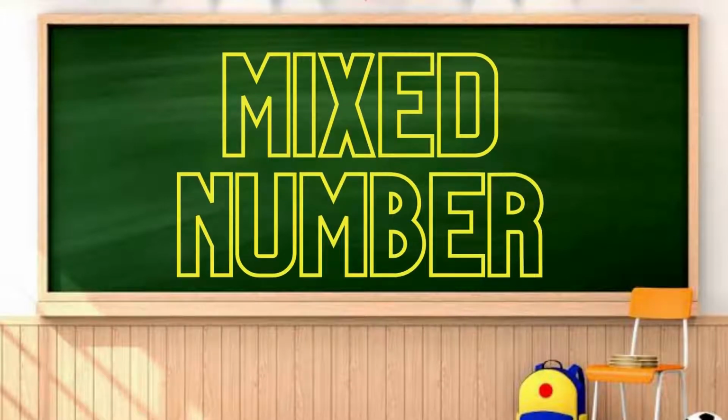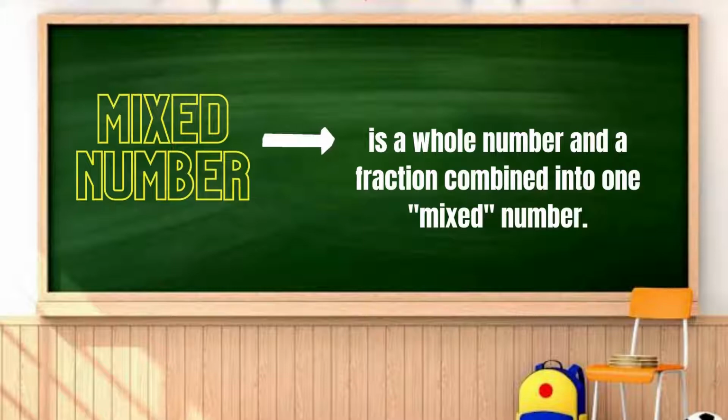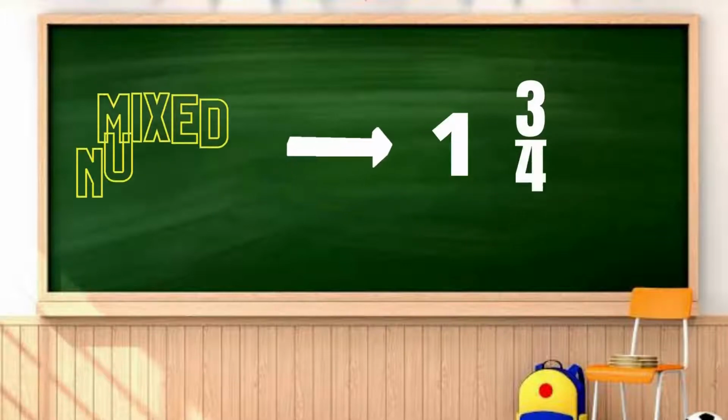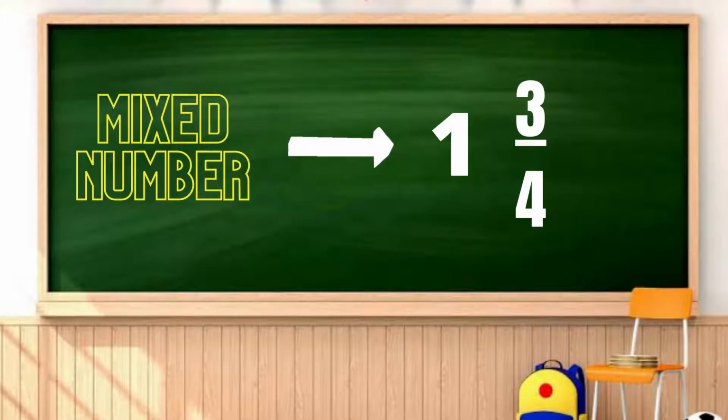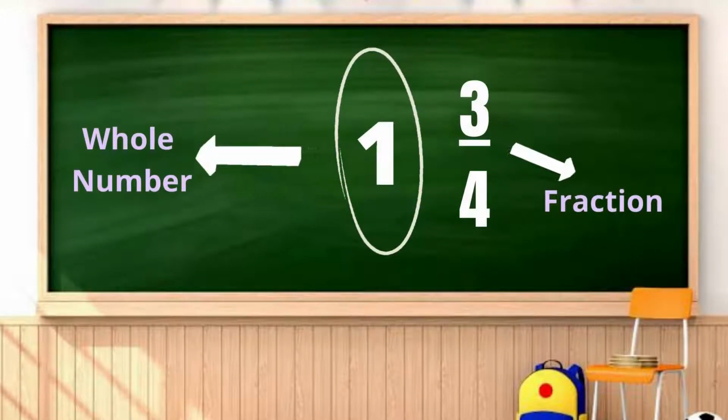Our next word is mixed number. Mixed number is a whole number and a fraction combined into one. Example, 1 and 3/4, wherein 1 is the whole number and 3/4 is the fraction.